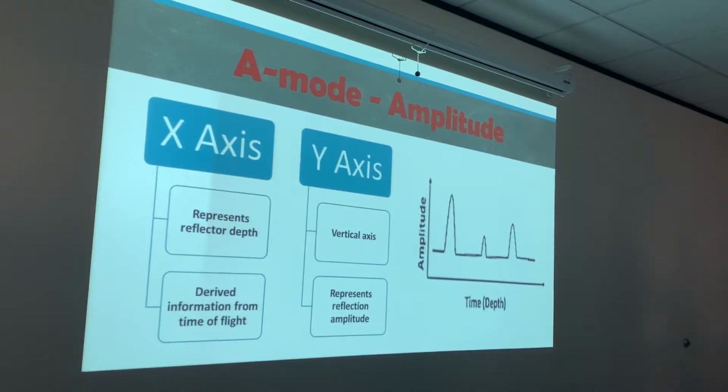Time of flight, meaning the depth of that reflector. We're talking about the range equation. That's the time of flight. The depth of that reflector is going to be determined on the x-axis. So if the reflector structure is really deep, it's going to be represented along this depth right here, which is a lot deeper than, say, this depth right here.